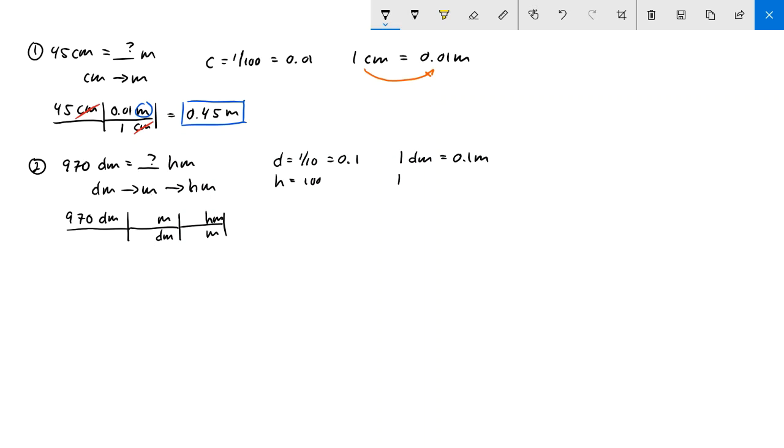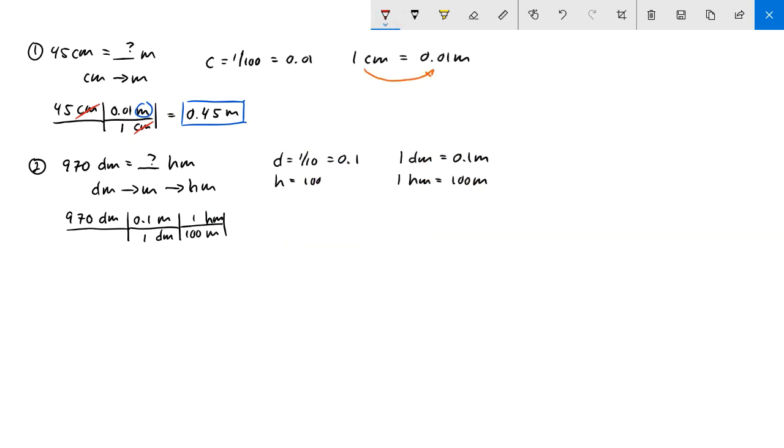So if I have 1 hectometer, that's the same as 100 meters. And again, these are our conversion factors. There's a 1 in front of the deci, and there's a 0.1 in front of the meter. There's a 1 in front of the hectometer, and there's a 100 in front of the meter.